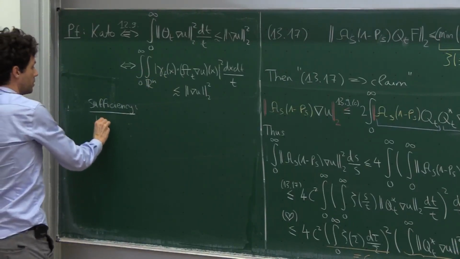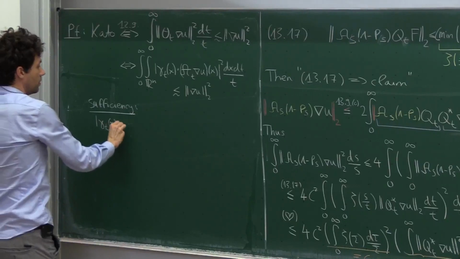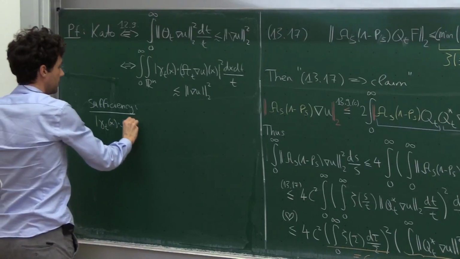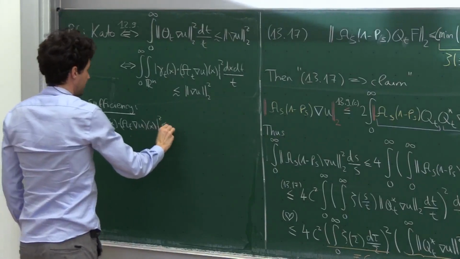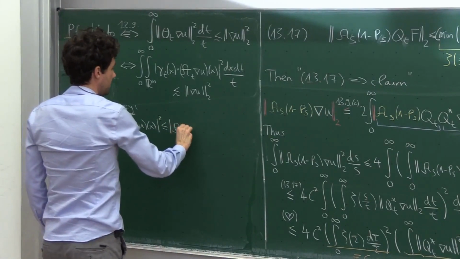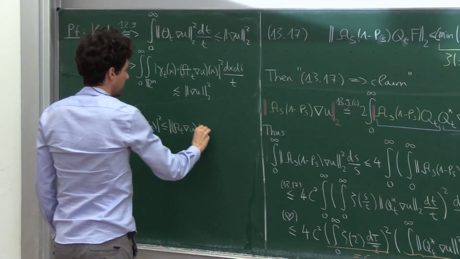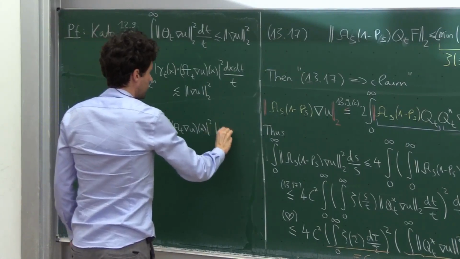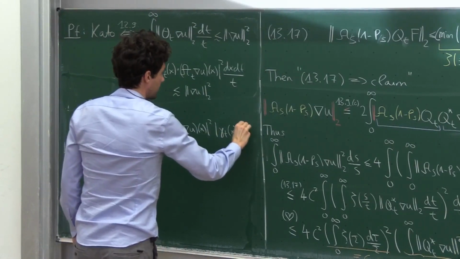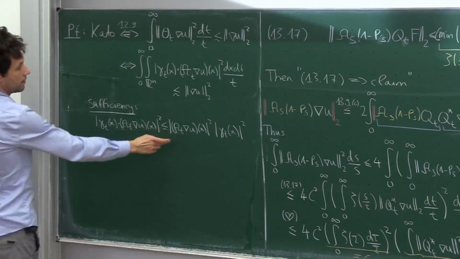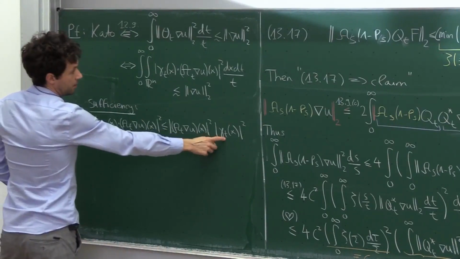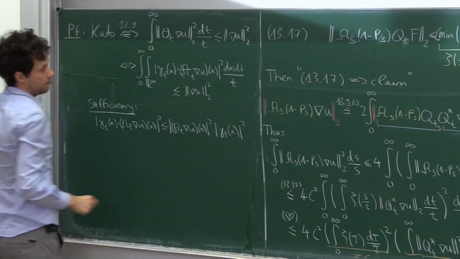And for this direction it's easy, so I want to bound this square function. I just use the Cauchy-Schwarz inequality on C^n, and I bound this squared by |A_t grad u(x)|^2 times |gamma_t(x)|^2. Okay, and then you see the |gamma_t(x)|^2 goes together with the dx dt over t.